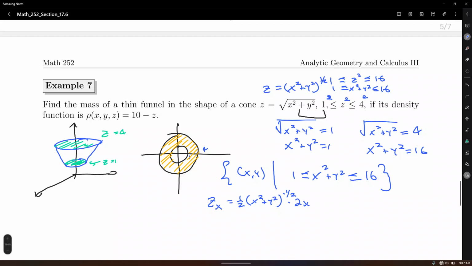Divide out the 2's, and send that negative exponent to the denominator with a positive exponent, turning it into a radical. So that's x over x squared plus y squared to the 1/2, which is x over the square root of x squared plus y squared.